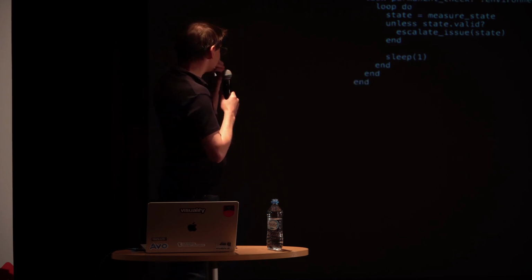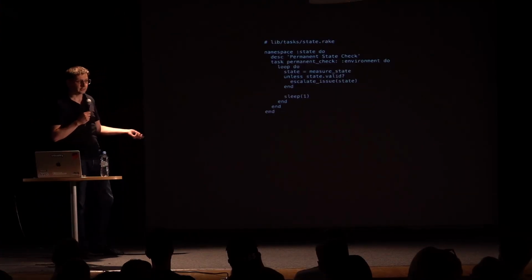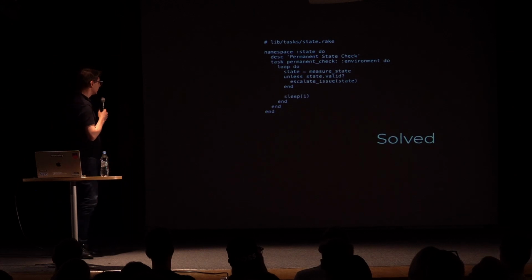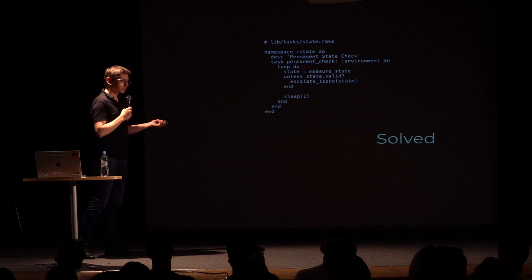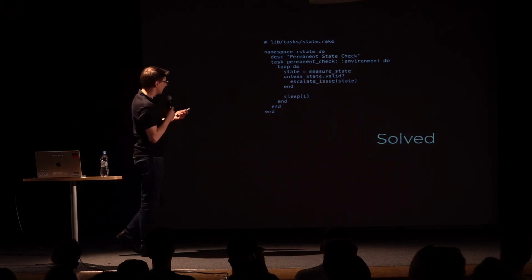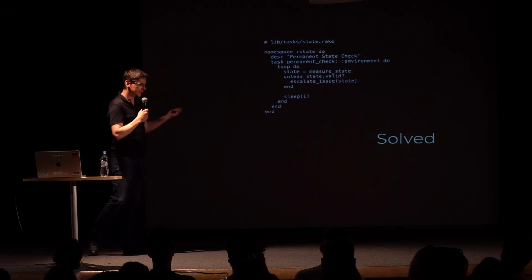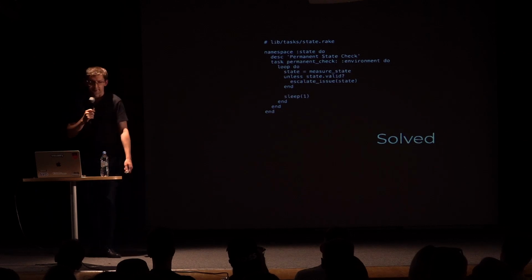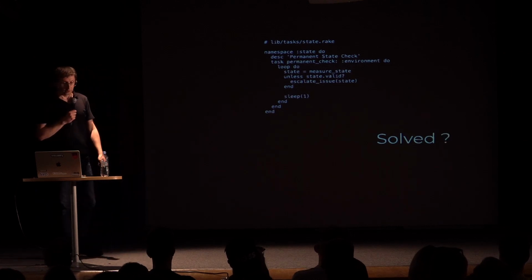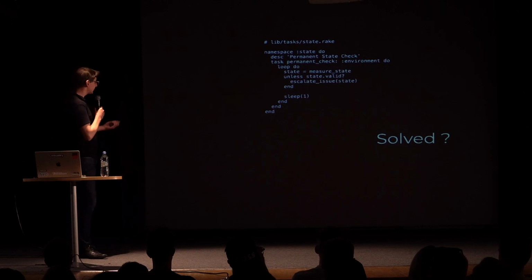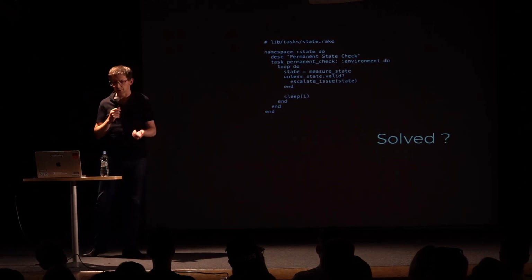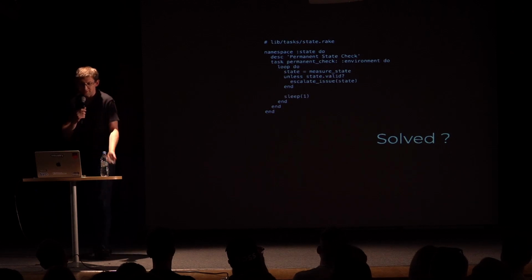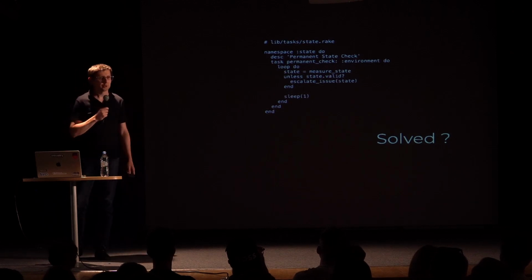So, pretty much, we can just wrap it in a rake task, and we are good to go, right? It's solved. This is something that you can run, and it will be executing a system measure of the state of a system every second. For this extremely simple task, it might be good enough.